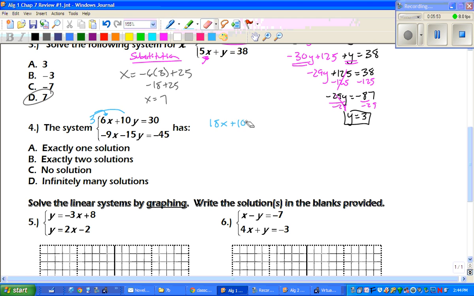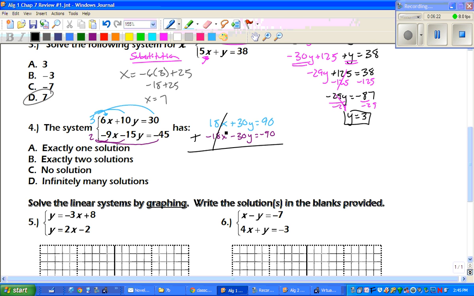plus, oh, not 10, Mr. Grice, 30y equals 3 times 30 is 90. Now, to get 9 to 18, I need to multiply by 2, so we get negative 18x minus 30y equals negative 90.